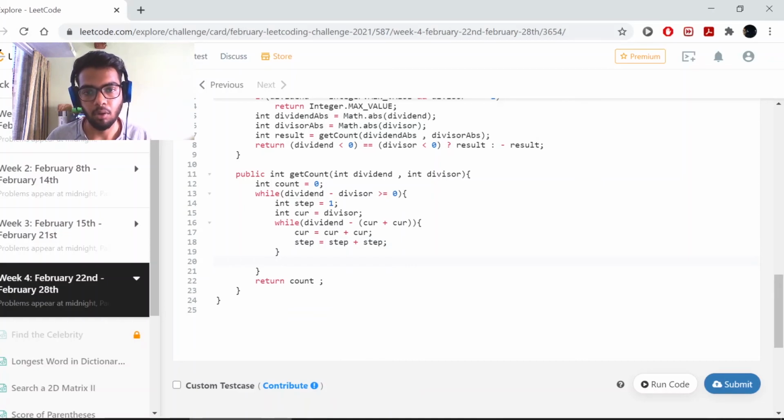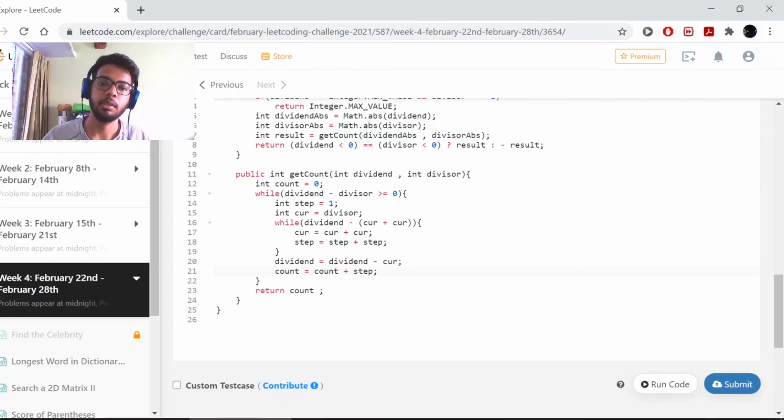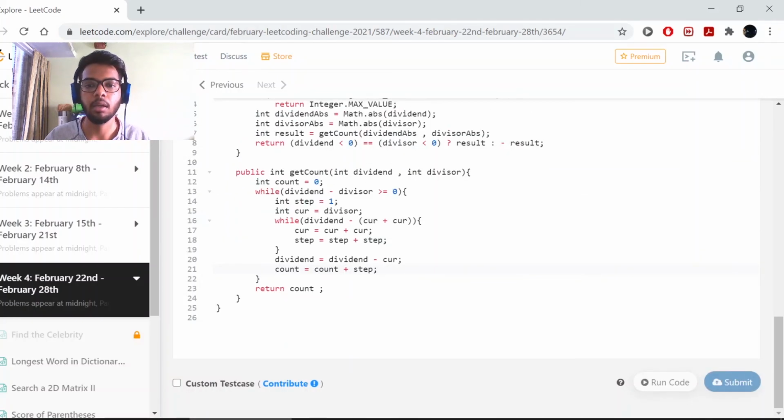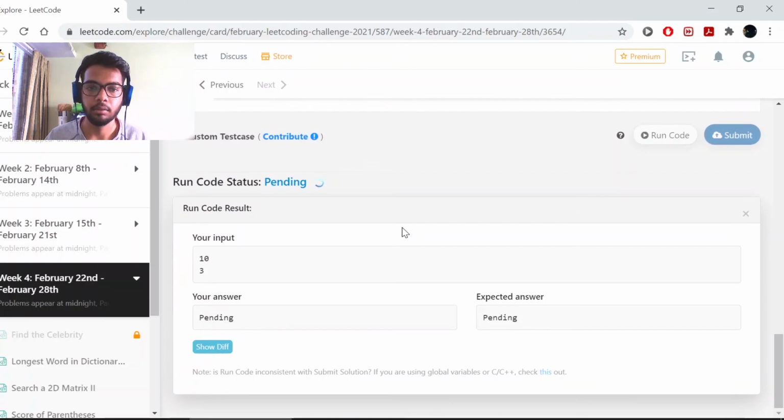Again, if we are not in this condition, I want to decrement my dividend like we did. We decremented 10 to 4, we took away 6 from it. So this should take away the current value from it, either it's 6, 12 or whatever that is. Then I want my count to be updated to my count plus the number of steps that I have. At the end I'll return the count.